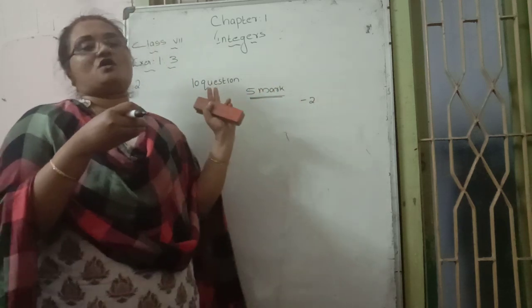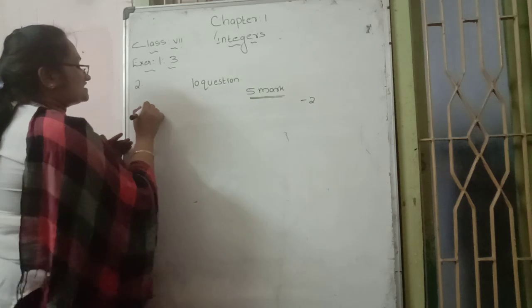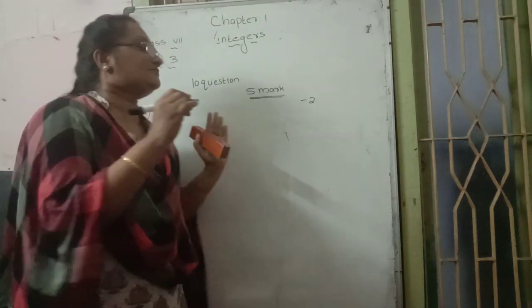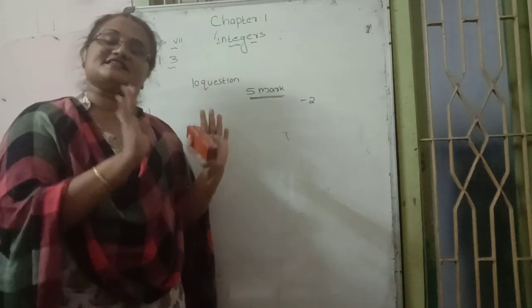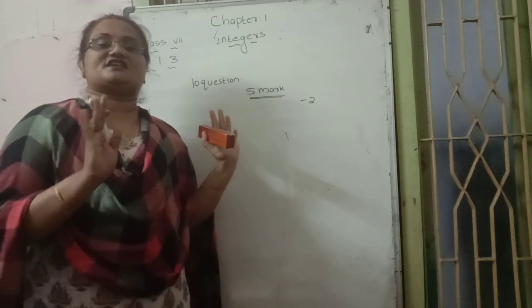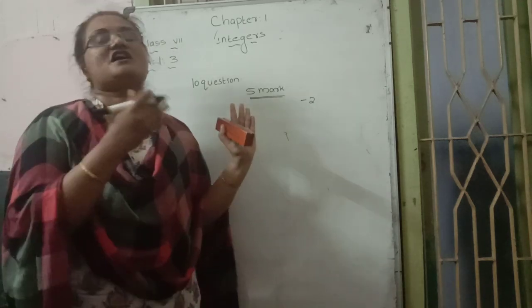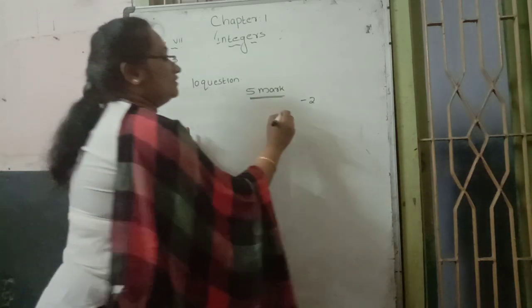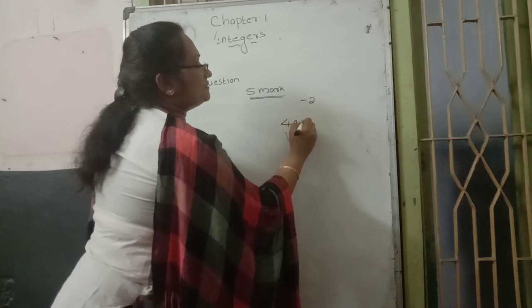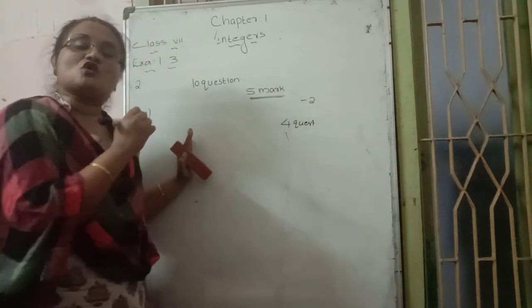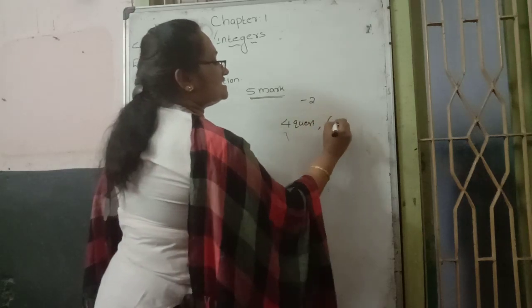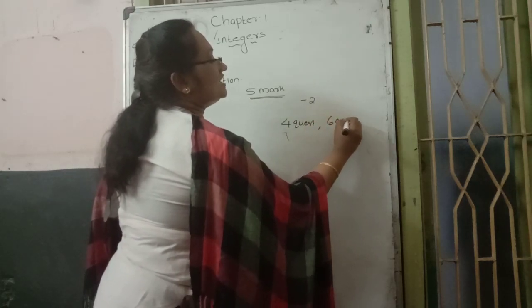For each wrong answer, negative 2 marks are allotted. In the first part, one boy, Mohan, attempted all 10 questions. We don't know how many are correct and how many are wrong. They say he made 4 questions correct and the remaining 6 answers are wrong.